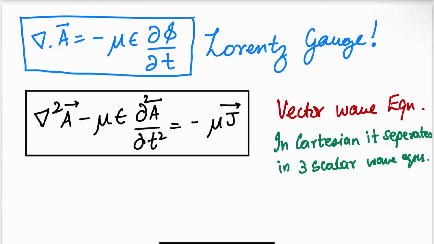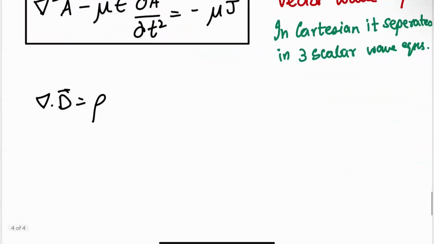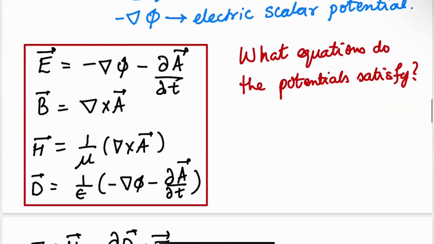Okay, and the last part is to get an equation for phi, and for that we can use the last of Maxwell's equations, which is Gauss's law for electricity. So I have the divergence of minus epsilon of, oh shoot, I think I made a mistake earlier. Yeah, this should be epsilon times that.